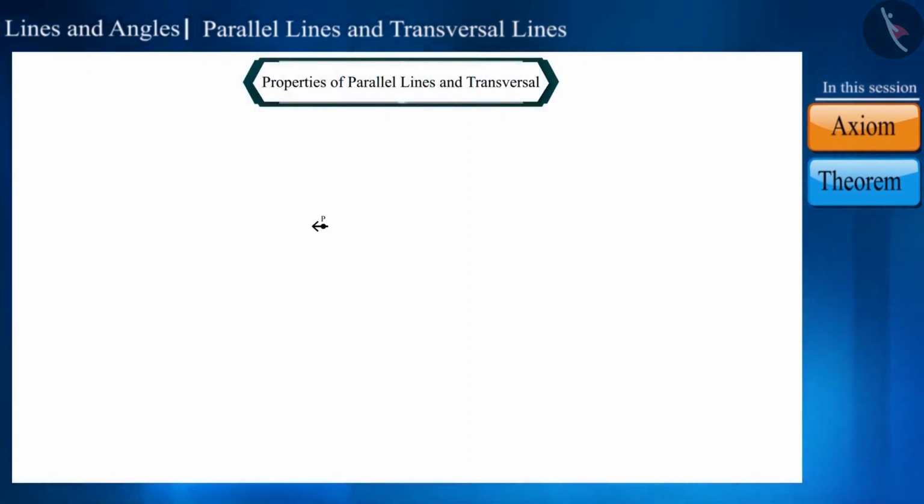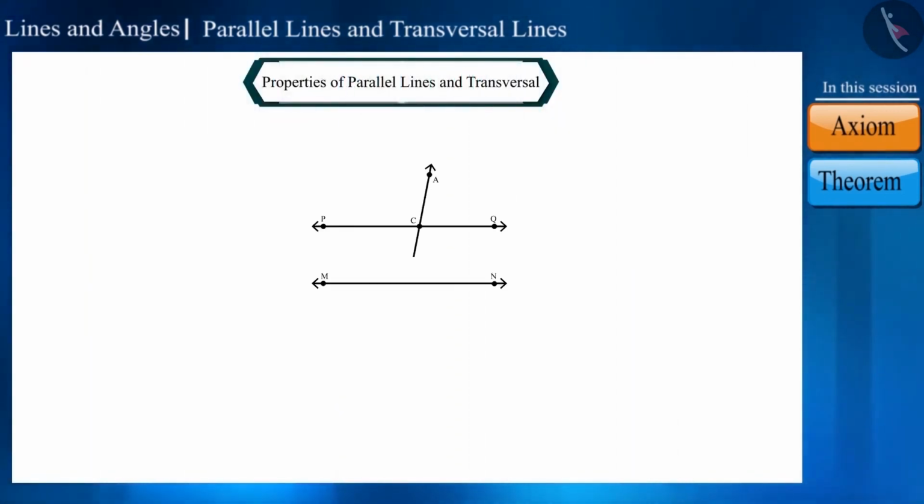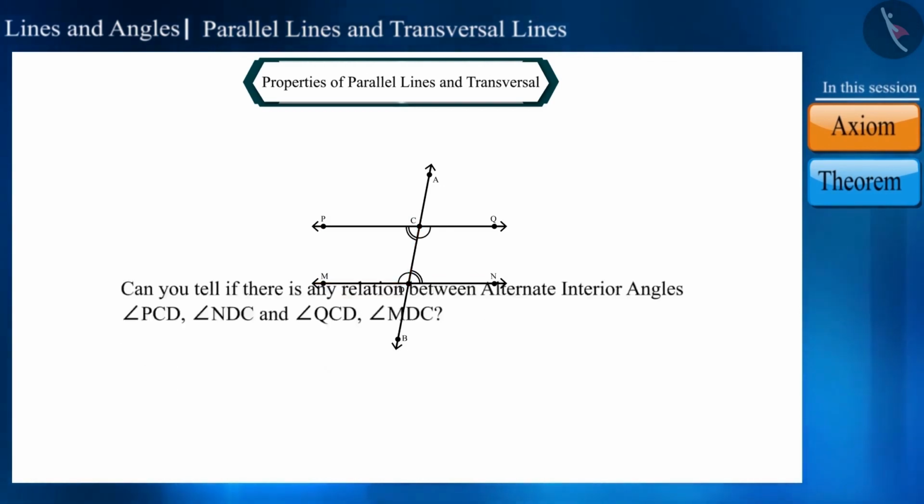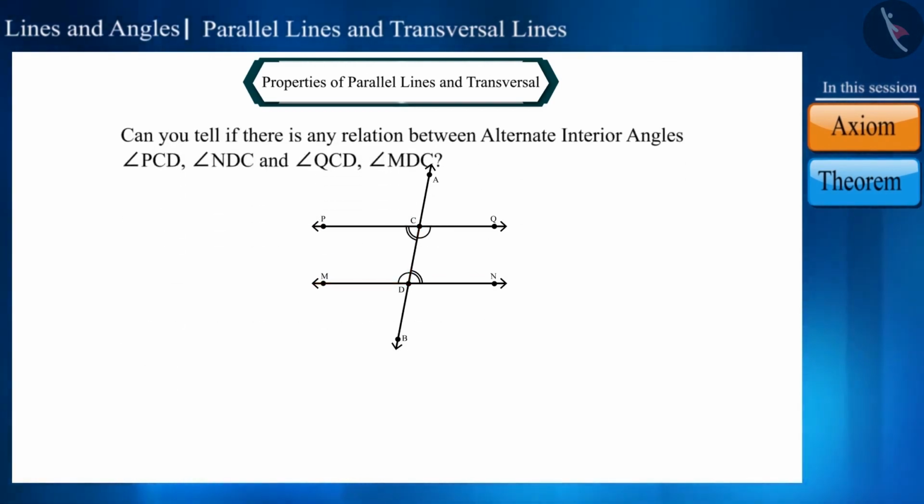Similarly, can you tell if there is any relation between alternate interior angles formed by the intersection of two parallel lines by a transversal? Let's say we have been given that the lines are parallel, that is, angle PCD and angle MDB are corresponding angles.